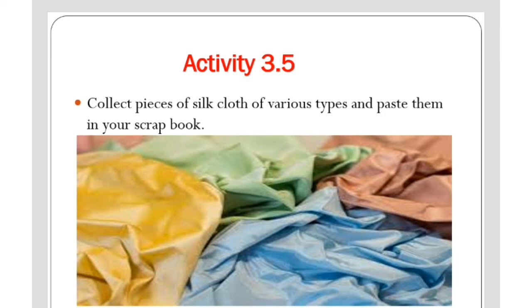Compare with artificial silk, and take the help of your parents and identify the types of silk such as mulberry silk, kosa silk, muga silk, eri silk, etc. and paste these pieces in your scrapbook. Collect pictures of different moths, worms, caterpillars that provide various types of silk. Okay.